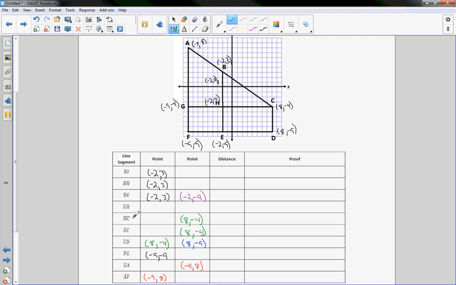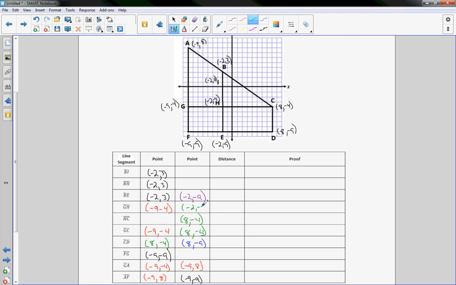BI, BH, GH, HC. No AF here. Here's F. So F is -9, -9. G is -9, -4. Here's a G. Here's a G. And here's a G. H is -2, -4.